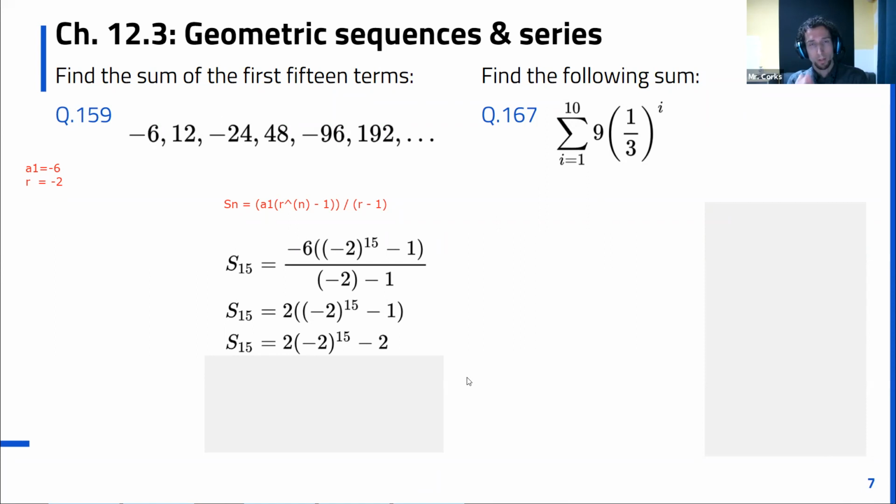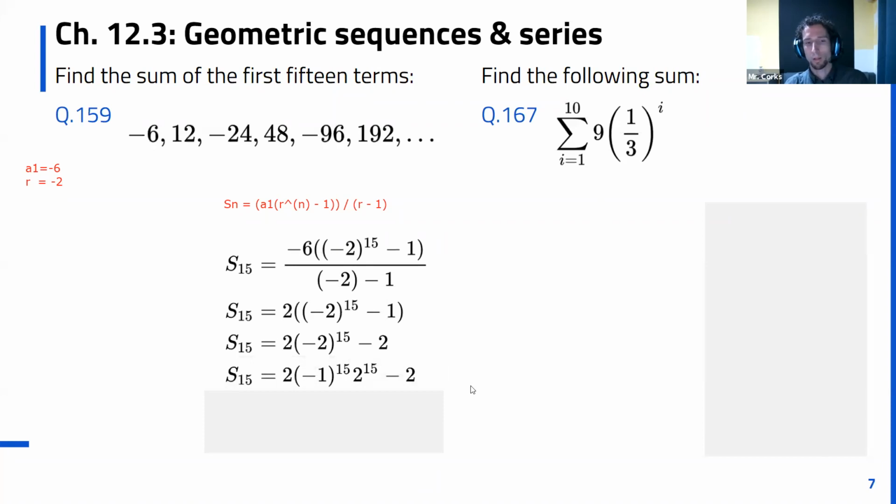But if we write negative 2 as negative 1 times positive 2, then we can combine the bases. So we'll split it up like this, and then 2 times 2 to the exponent 15 will just be 2 to the exponent 16. What about negative 1 to the exponent 15?